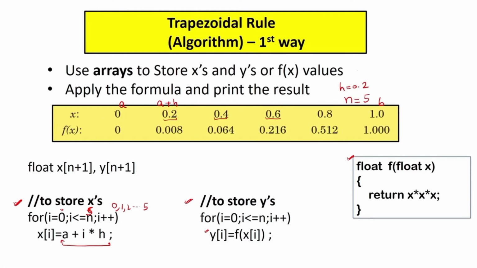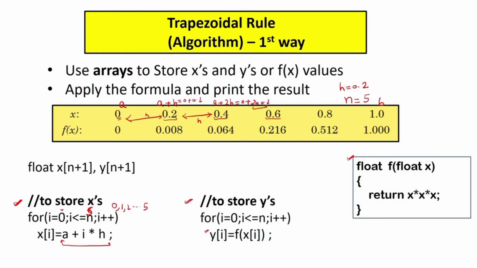So this a plus h will become 0 plus 0.2, that means 0.2. And 0.4 was again at a gap of h from this 0.2, but it was at a gap of 2h from this 0. So 0.4 can be written as a plus twice h, that means 0 plus twice h, where h is 0.2.